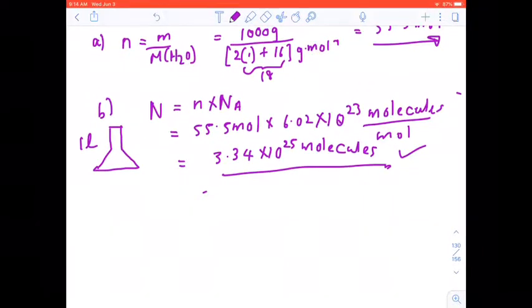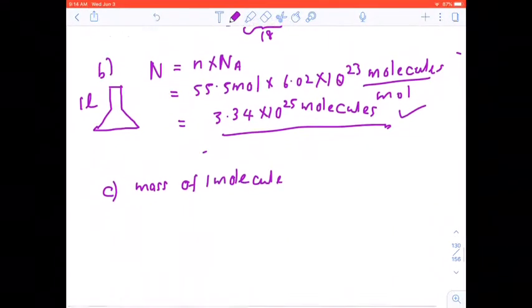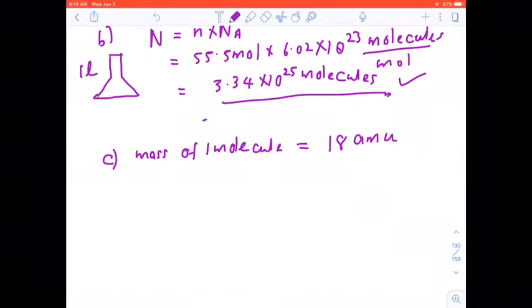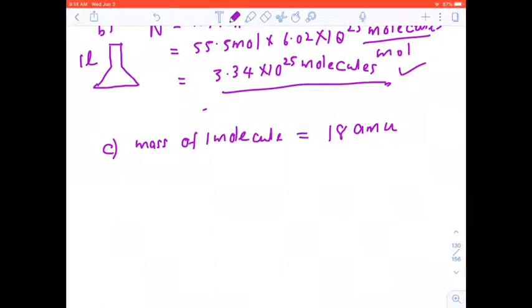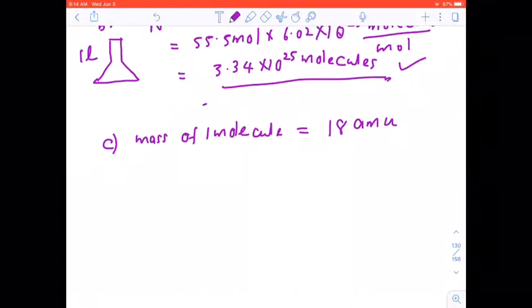Right? If we have to determine the mass of one molecule, then we say, okay, C, we want the mass of one molecule. We know it would then be equal to 18 AMUs, if we're dealing with one molecule.